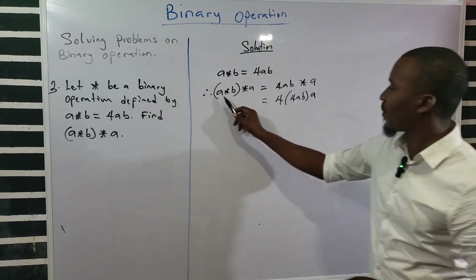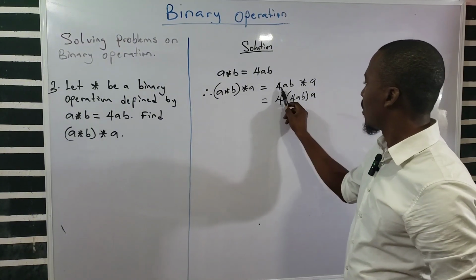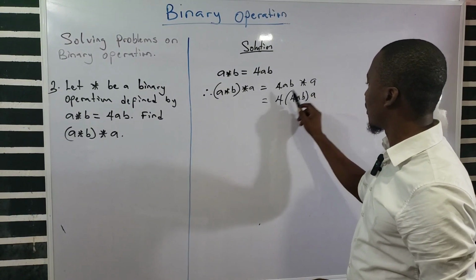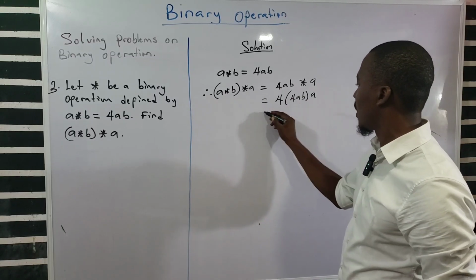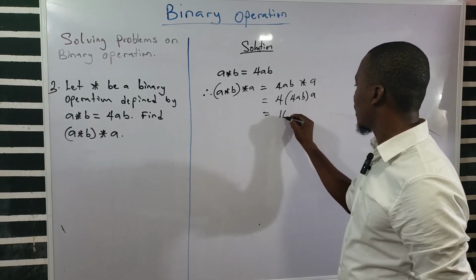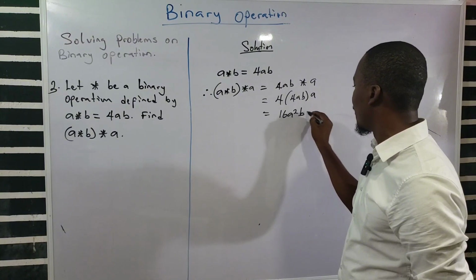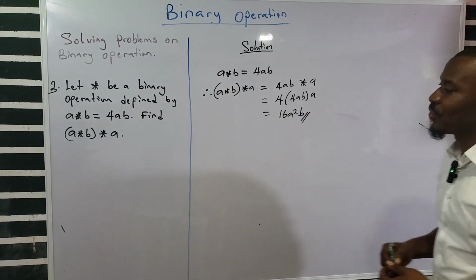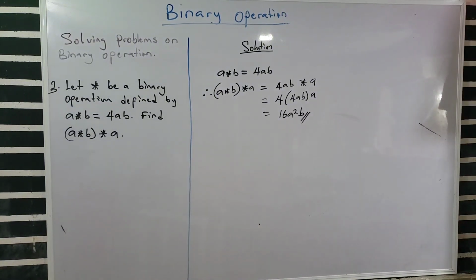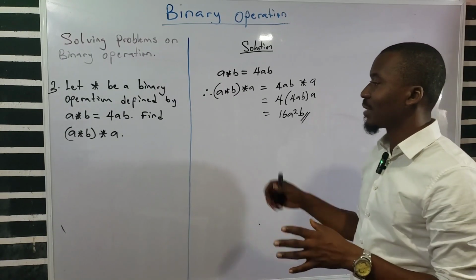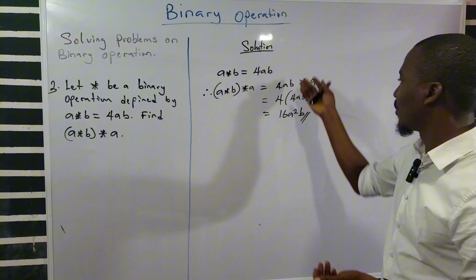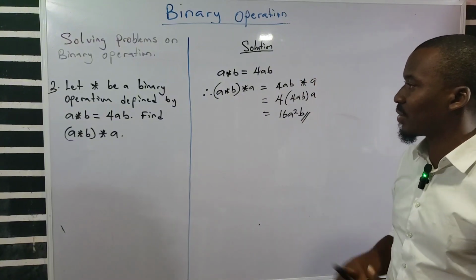Okay, so this is our first term, this is our second term. So our first term * our second term is 4 times our first term times our second term. So that will give us 16a²b. Okay, so you can see that one looking as if it's going to be difficult, but it's still the same way, just a few steps and you get your answer.